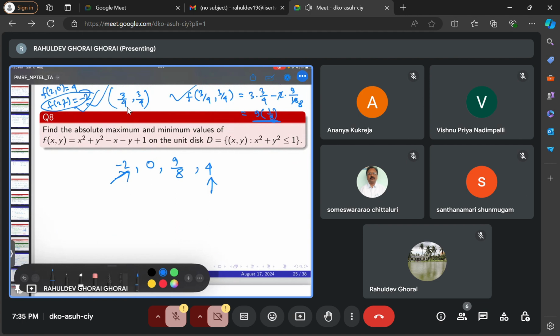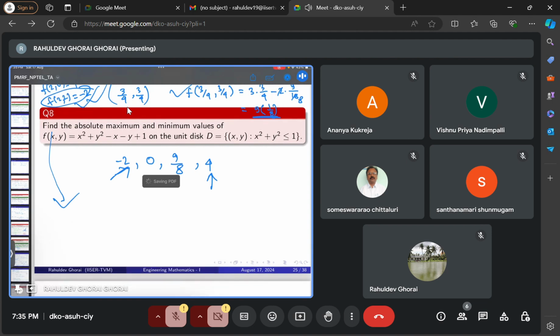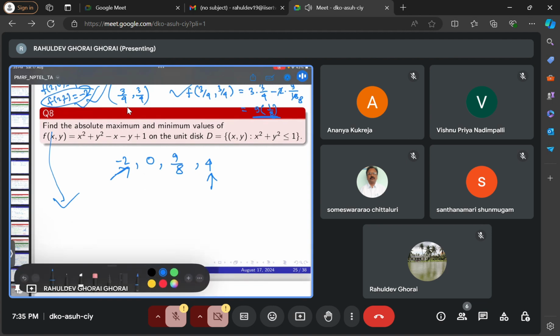So now we'll do the eighth question. Find out the local maxima and minima values in this disk. Now you don't have any corner and all to include. You just have to find in the disk. For a disk, the boundary will be the circle, only one piece, right?